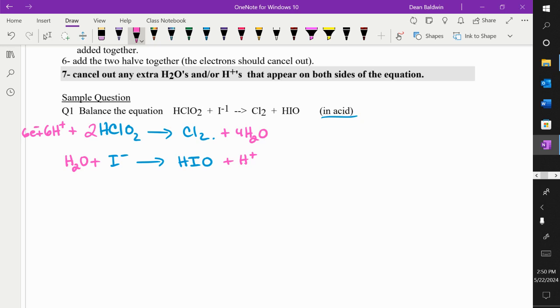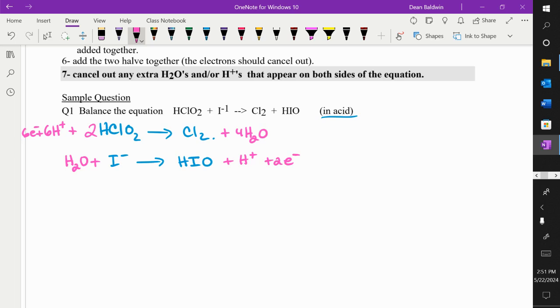The one on the bottom, what's the charge on the left-hand side? -1. The charge on the right-hand side is +1. Which side am I adding electrons to, and how many? I'm just trying to balance the bottom one. You add 2 on the right.